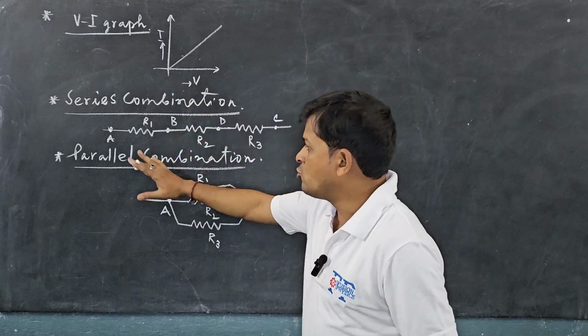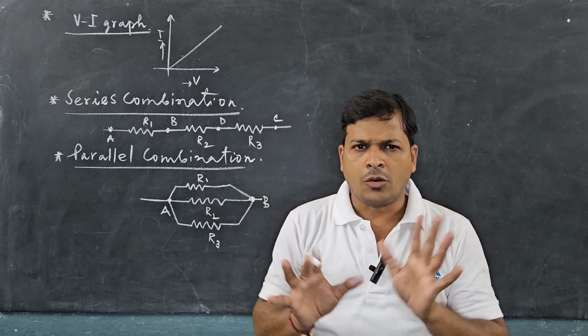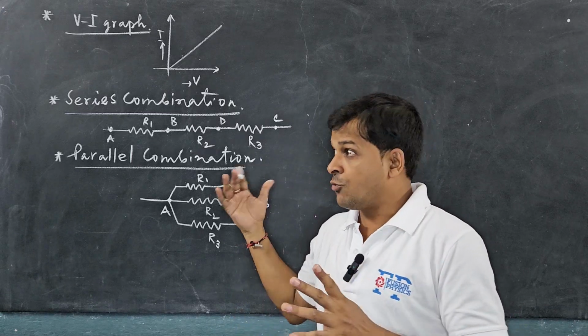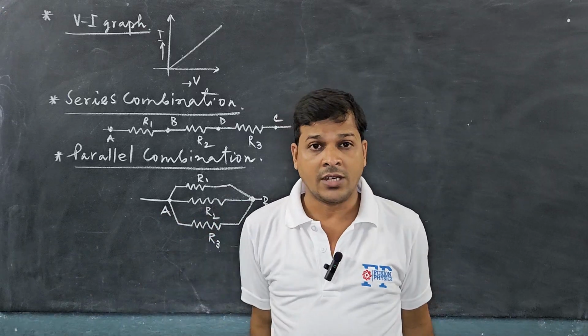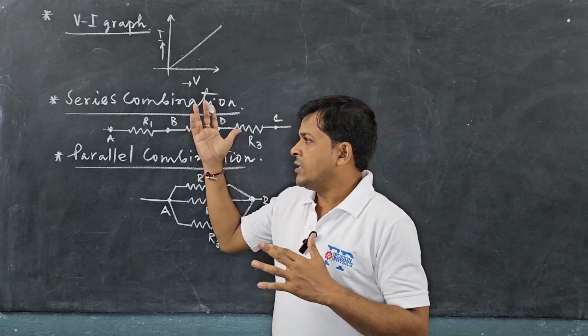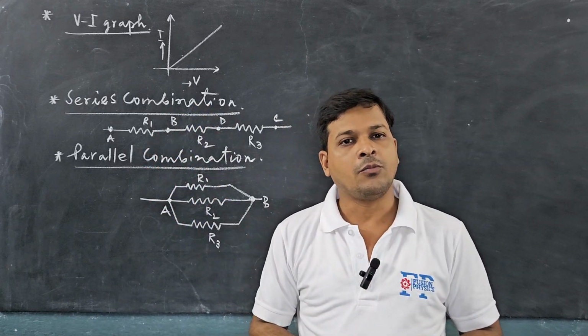So these are mainly the two combinations. Sometimes we see a mixed combination in numerical problems. To solve numericals, later we will learn this mixed combination of the resistors. Mainly in our board exam, at the Madhyamik level, it is up to the series combination and parallel combination of resistors.